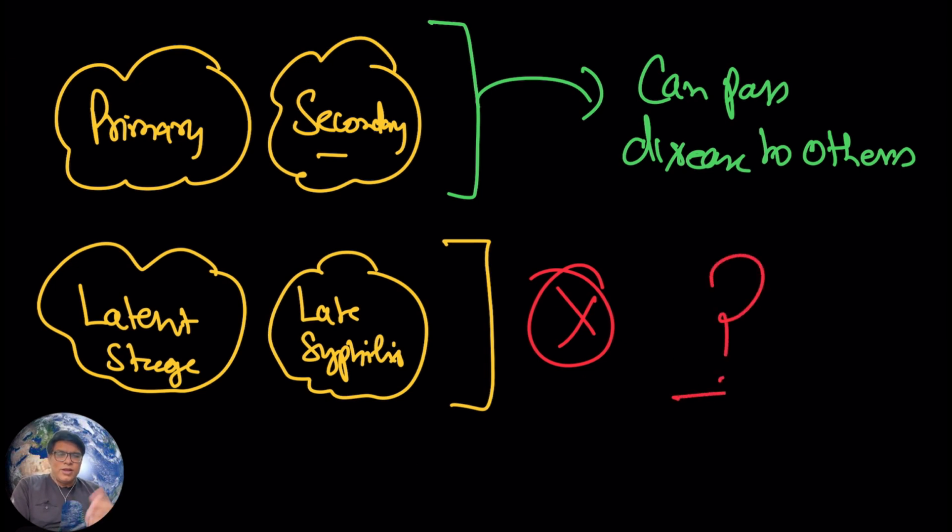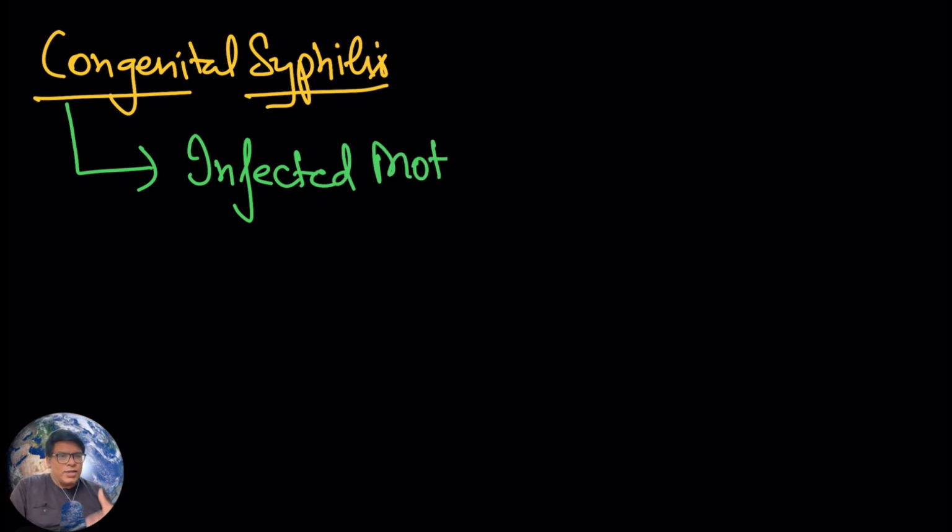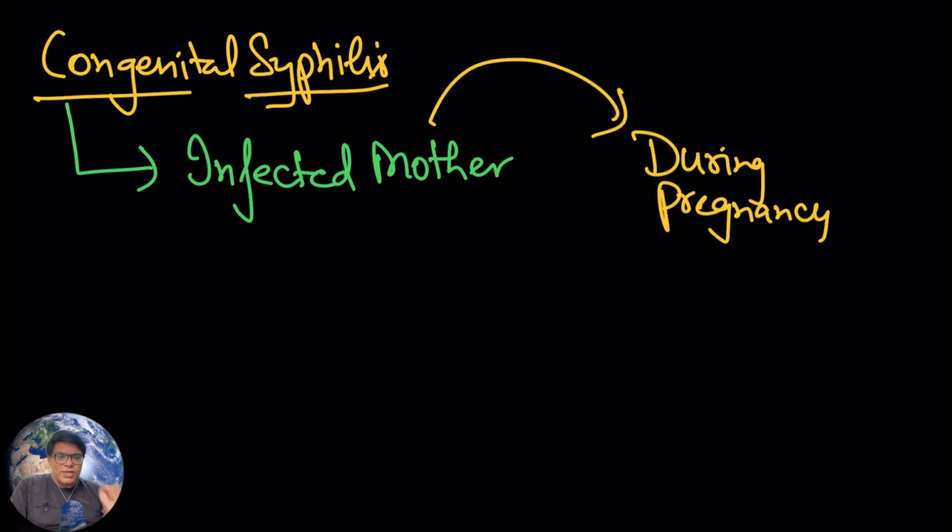Now keep in mind, I just want to tell you about congenital syphilis. Now try to see here. This disease, syphilis, can be transmitted from an infected mother to the fetus, the child.